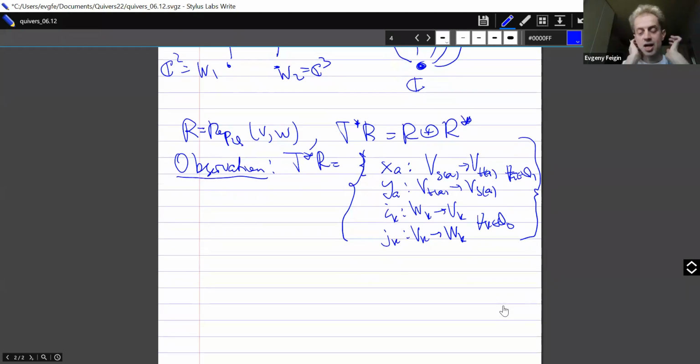So each point is determined by four collections of maps. The first two are parameterized by arrows in our quiver, and the second two are parameterized by vertices of our quiver.